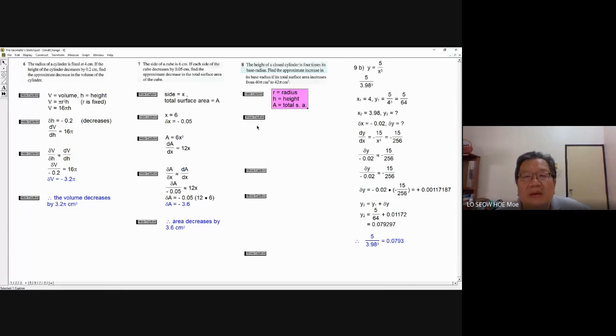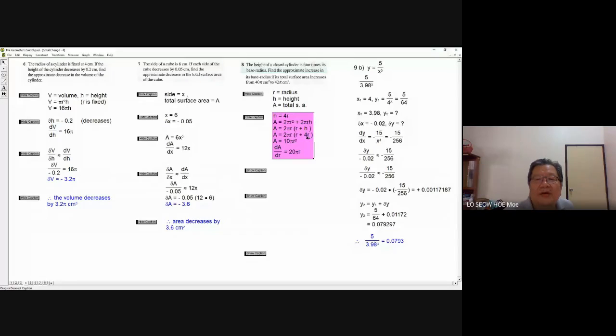First relationship, h equals 4r, because they say the height is 4 times the radius of the base. The surface area of the cylinder is 2 pi r squared plus 2 pi r h. Now the h you replace with 4r.